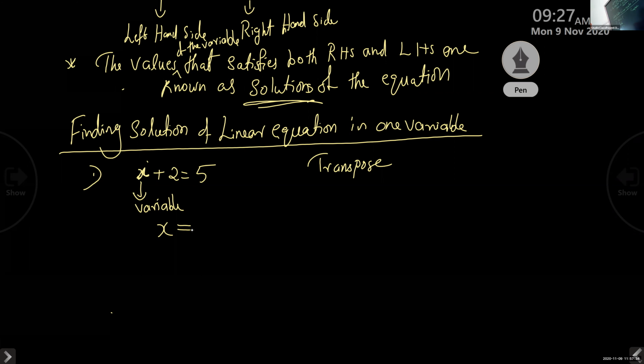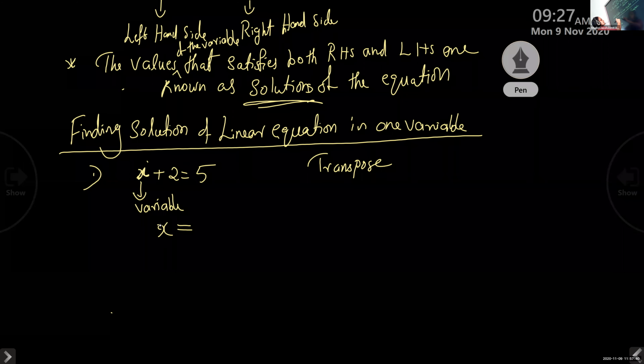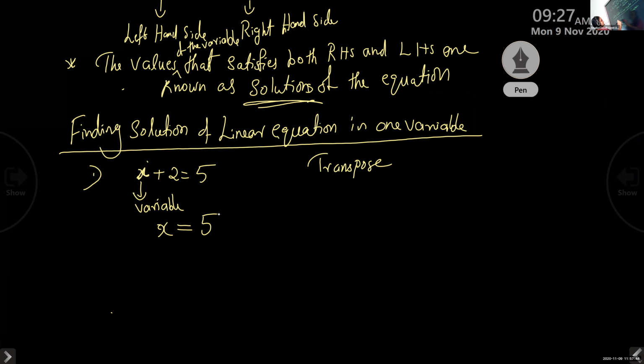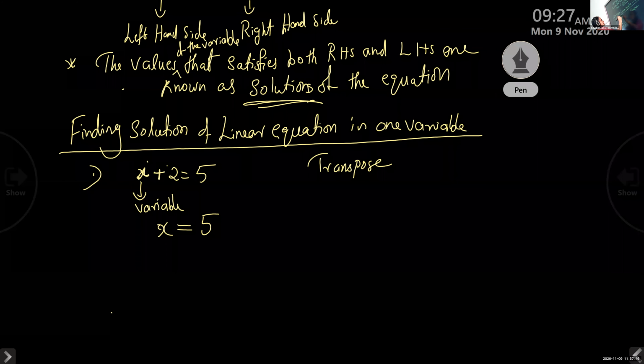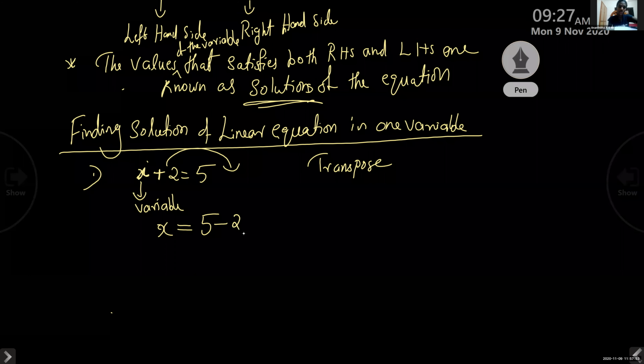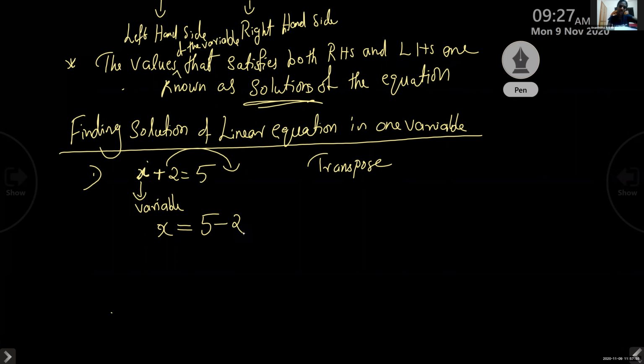So here x plus 2 equal to 5. I kept x on the left side itself and I am transposing 2 to the other side. So on the right, 5, here it is plus 2. So while transposing to the other side, what will happen? Minus 2. So x equal to 5 minus 2, because here it is addition.